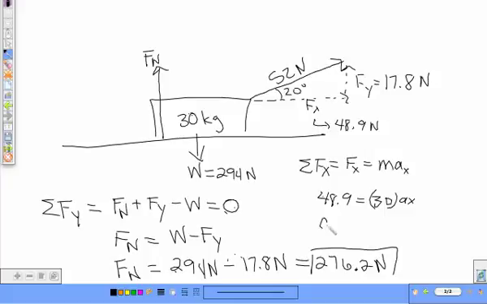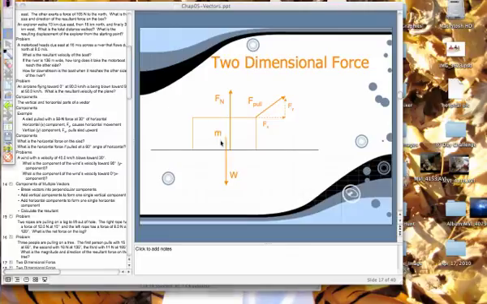So we would divide. So our acceleration in the x direction is 1 point something. 1.6 meters per second squared. Questions on that? Okay.